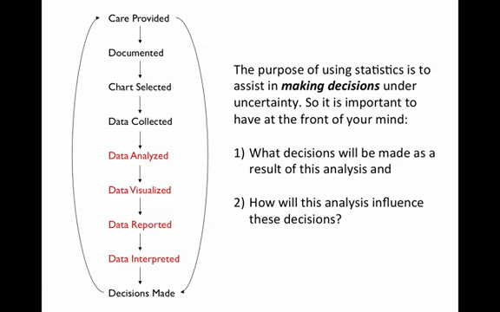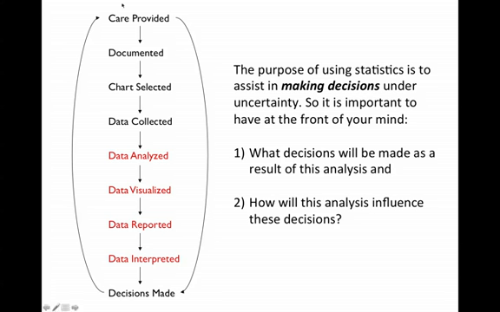So I just want to bring us back and think about this flow diagram again. The purpose of using statistics, the purpose of using graphs, is to help us make better decisions under uncertainty.